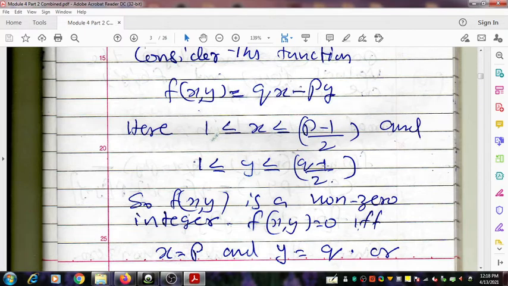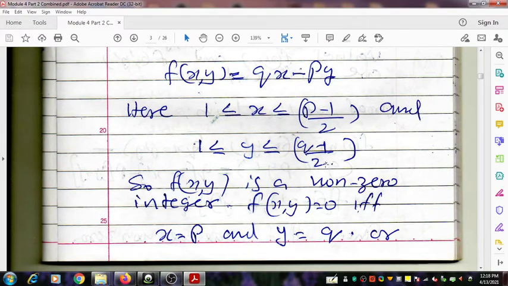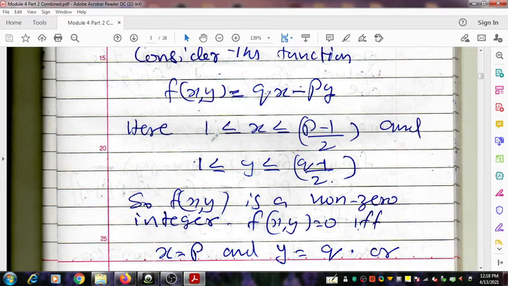So it is now clear that in none of these situations are you going to get a 0 here, because all the possible values of x and y that can generate 0 for this function f strictly belong to the complement of this limit.